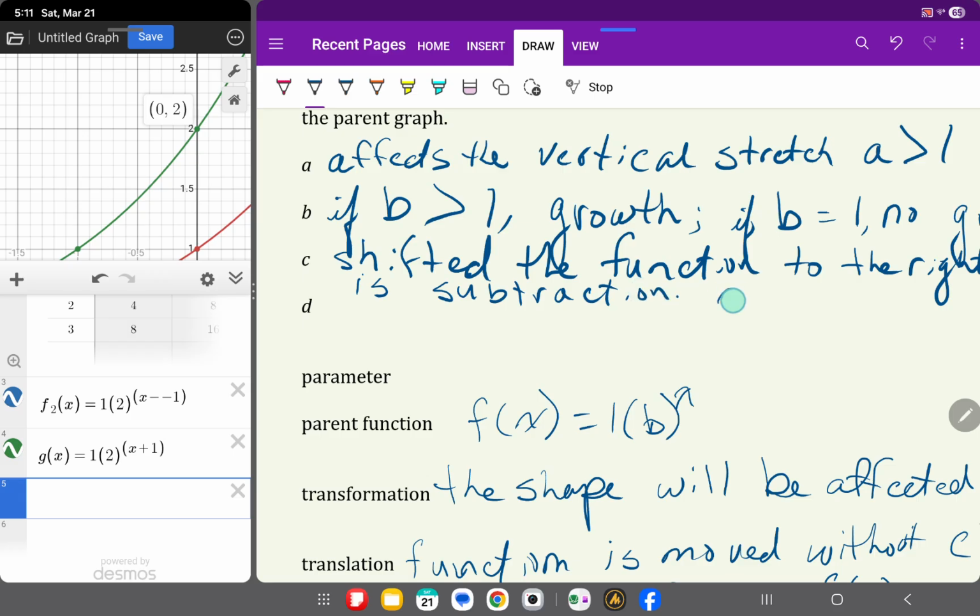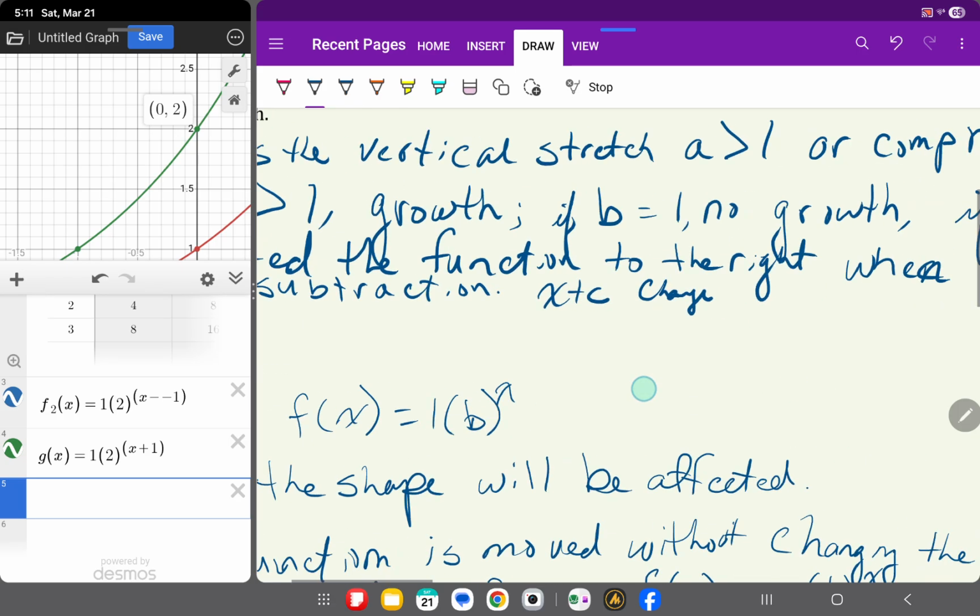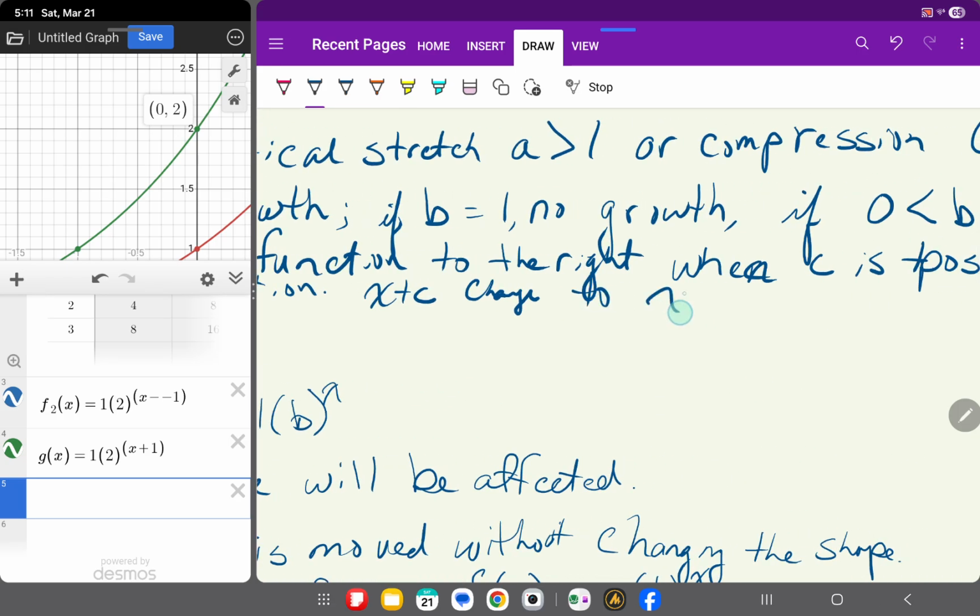If it is x plus c, change to x minus c. Okay, that's what you need to do when you do that.